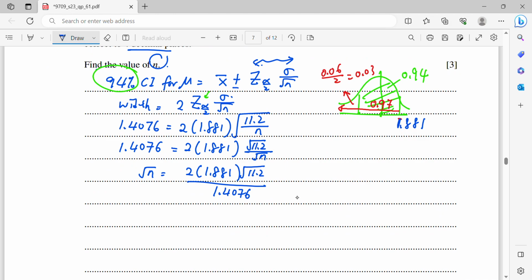Then this square root n is going to be 8.9443. Then for my n, when you square both sides, it will be 80. Alright, so that's the solution of this question.